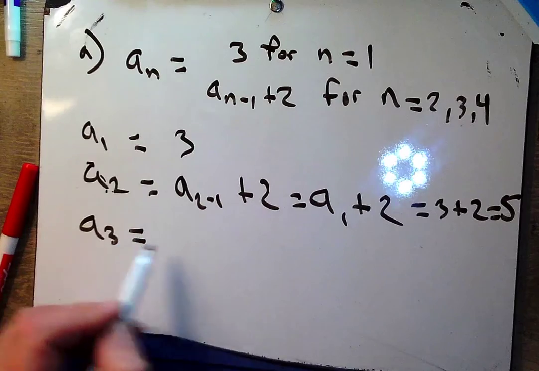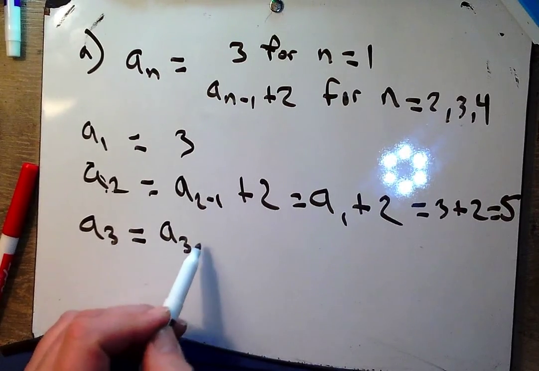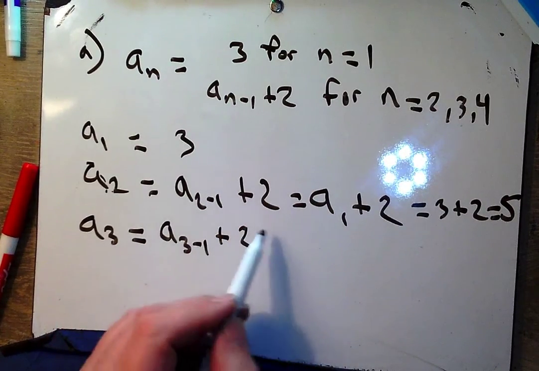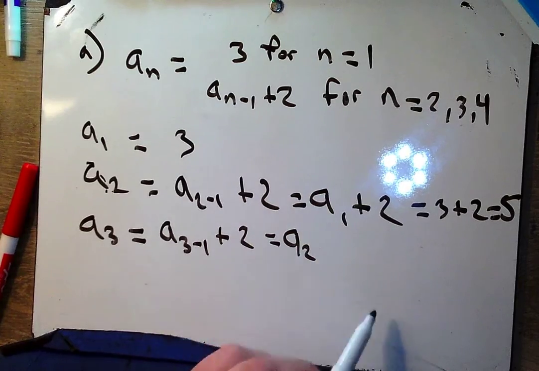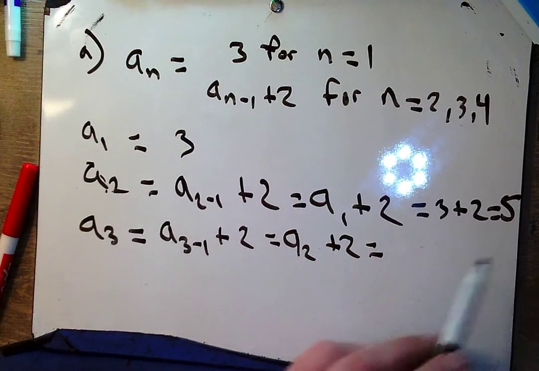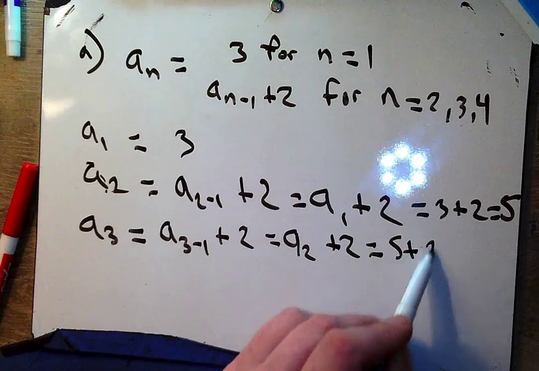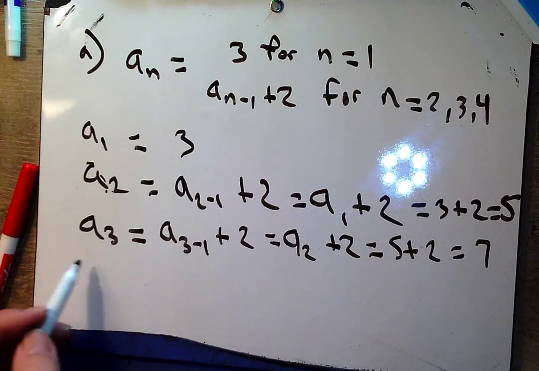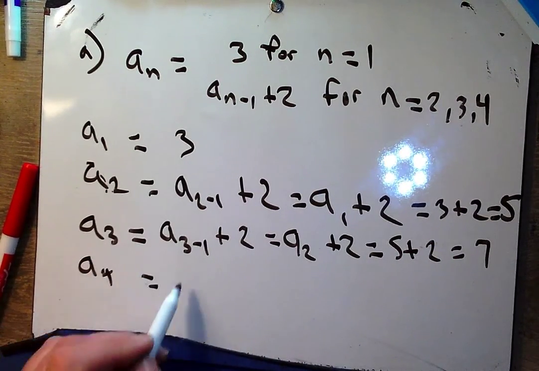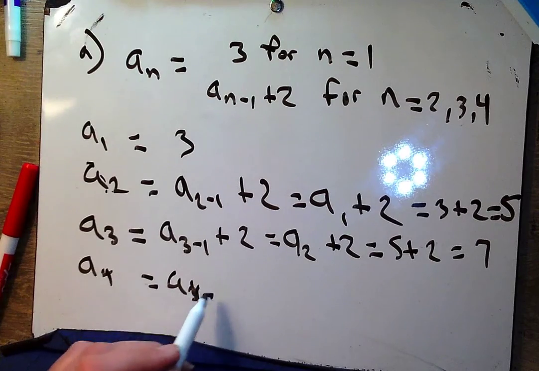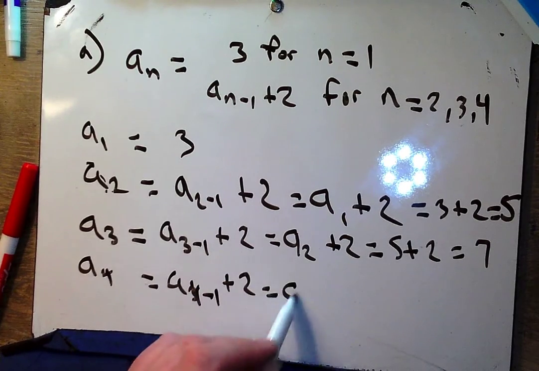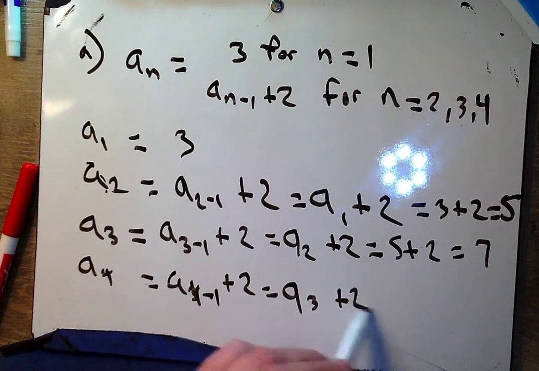A sub 3, well, that's going to be a sub 3 minus 1 plus 2. That's going to be a sub 2 plus 2. A sub 2 was 5, plus 2, 7. A sub 4, well, it's going to be a sub 4 minus 1 plus 2, which is a sub 3 plus 2.